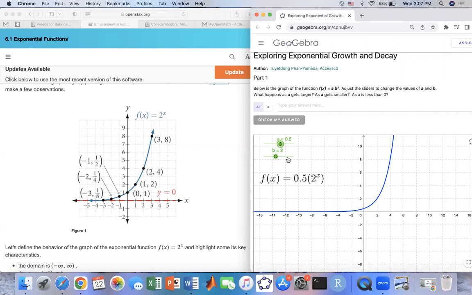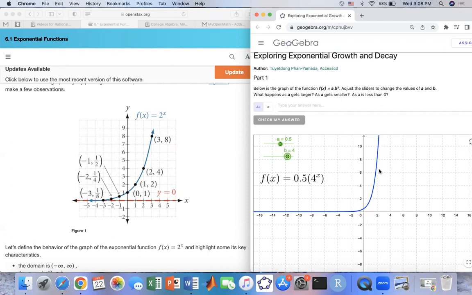So now let's see if I change the b. b is right here, and if I increase b, you see it's also moving really fast. Like earlier when I moved a, you can see it goes really fast up as my number goes higher. It reaches infinity much faster than with a small value of b.